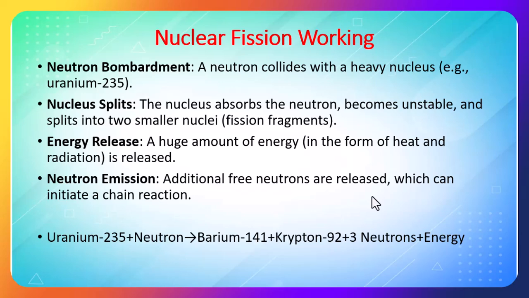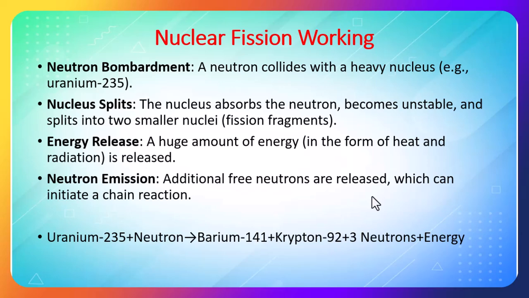Now nuclear fission working. First of all, neutron bombardment: a neutron collides with the heavy nucleus, that is uranium 235. Here we need uranium 235, but it is slightly risky, it is a radioactive material. Once this neutron hits uranium 235, the nucleus absorbs the neutron, becomes unstable and splits into two smaller nuclei.